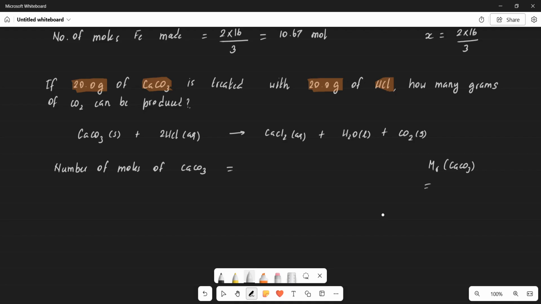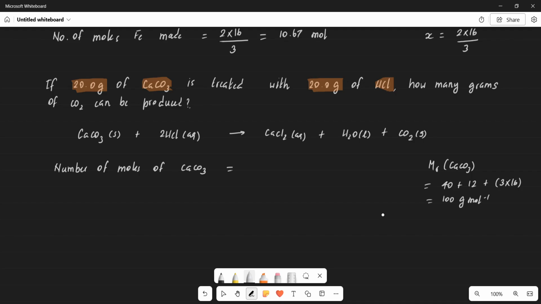I will be using the periodic table. 40 is the mass of calcium, 12 is the mass of carbon, and 16 is the mass of oxygen. So I have 52 plus 48, 100 grams per mole.